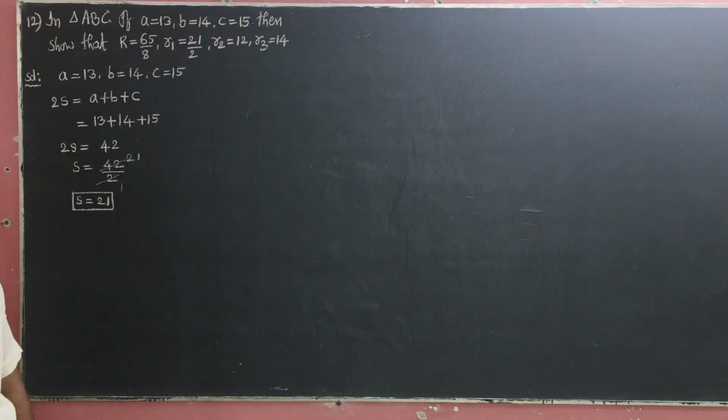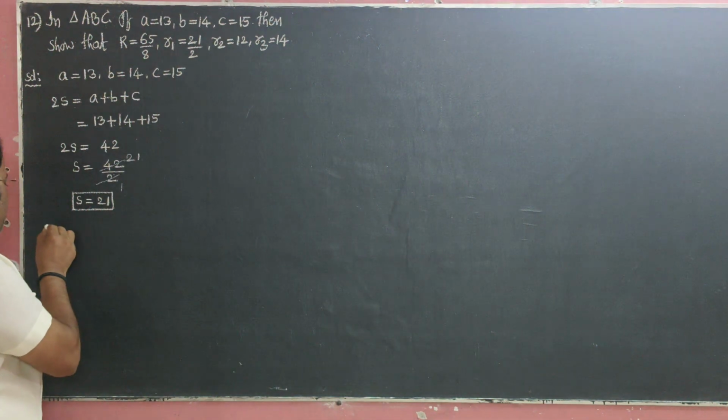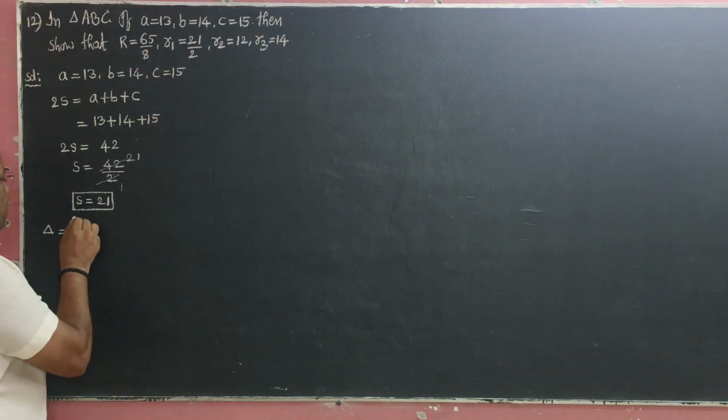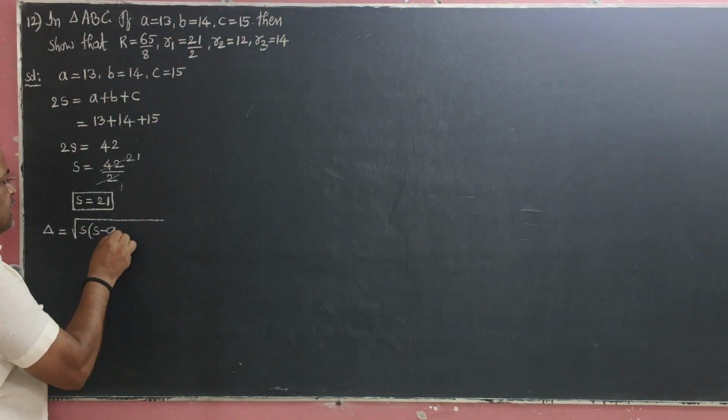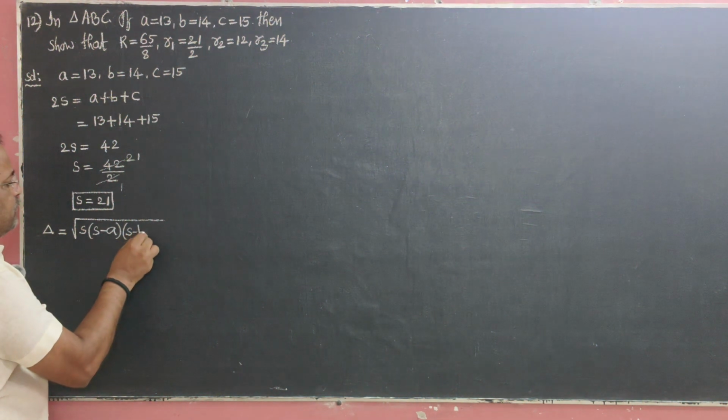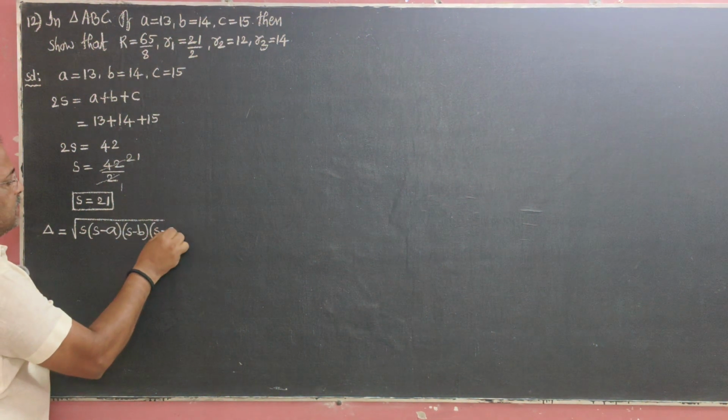Now we have to find the delta value. The delta formula is square root of s into s minus a into s minus b into s minus c.